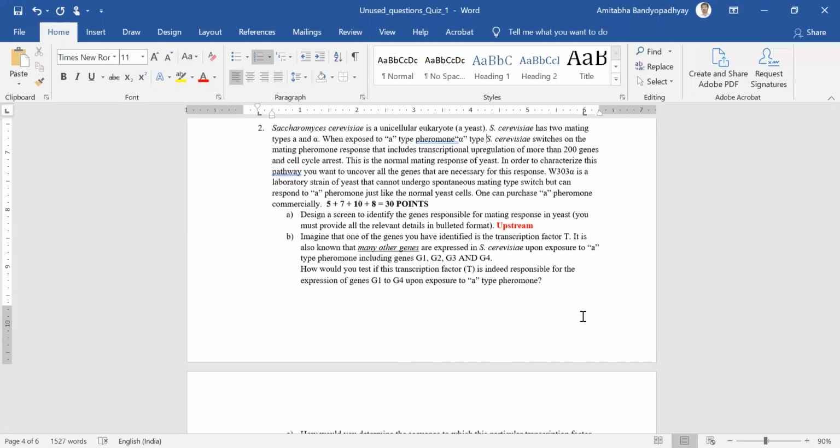Yes. So you have to use cell cycle arrest as your assay in the mutagenesis screen. Even if you don't know how to assess cell cycle arrest, you say that we will use a method that is commonly available for determining cell cycle arrest. The rest you know.